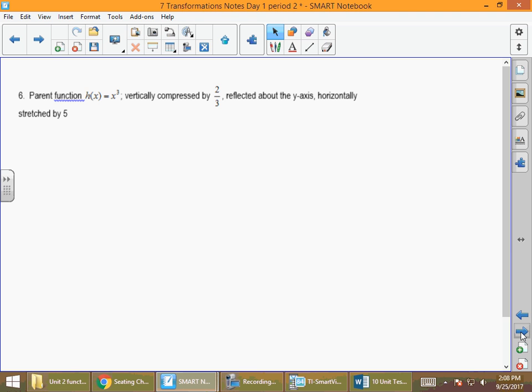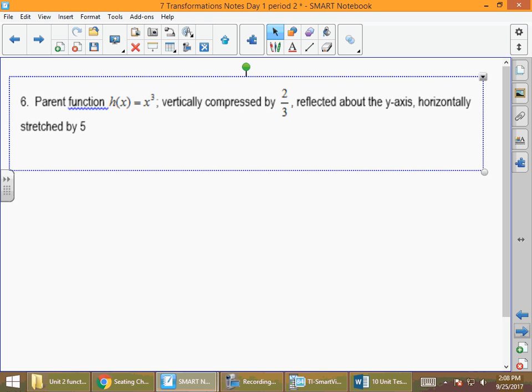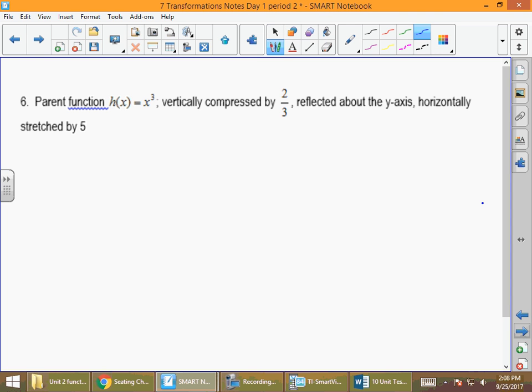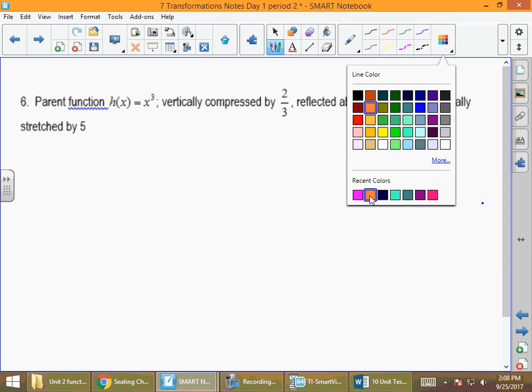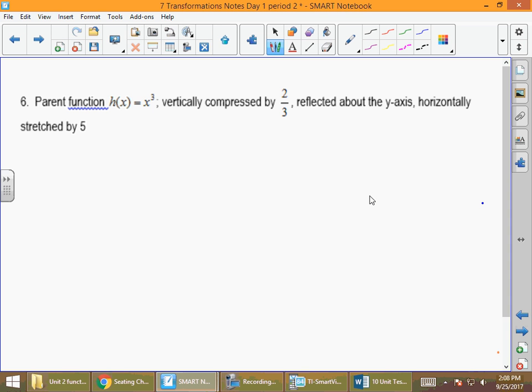If we look at number 6, the parent function now is the cubed function, h of x equals x cubed. And our transformations in this particular problem, vertically compressed. Is that inside or outside? And you can flip your paper over and you see that it's outside.